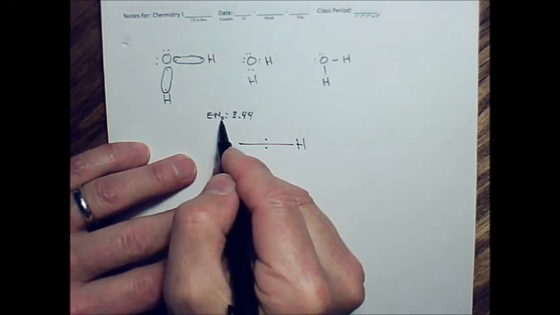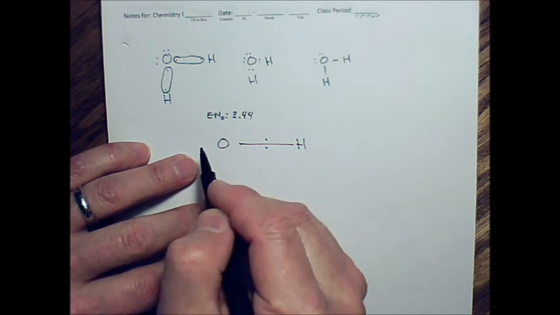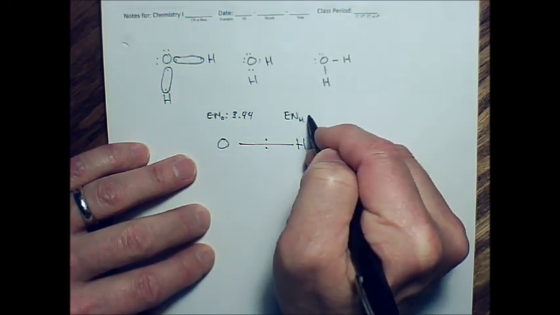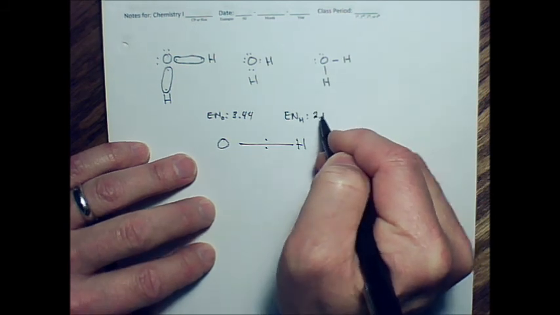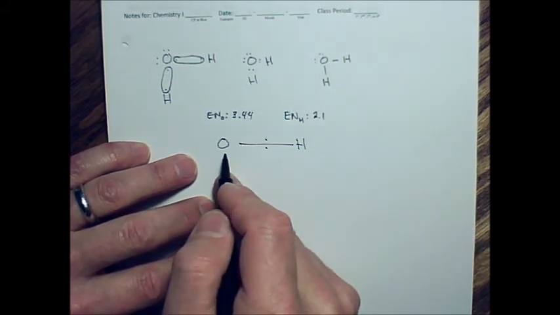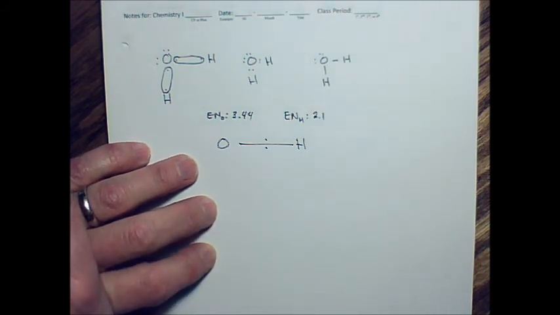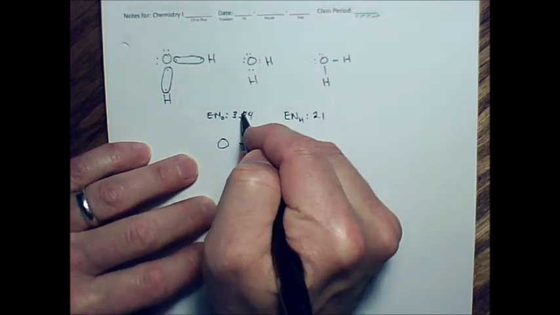Electronegativity subscript O for oxygen. The electronegativity for hydrogen is 2.1. So you can see there's a lot more electronegativity on this end of the bond than that end of the bond. 3.44.